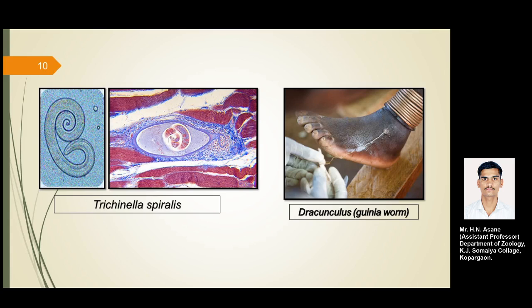These guinea worms are several meters in length, and they are removed from the body of the host by this traditional method, by slowly lifting them out through that particular wooden stick.